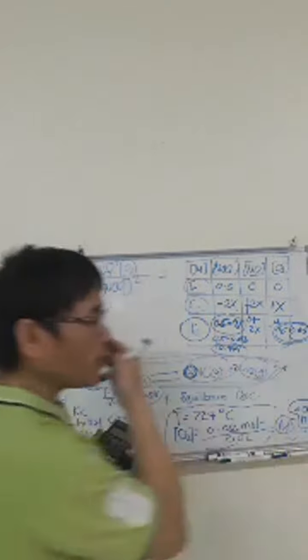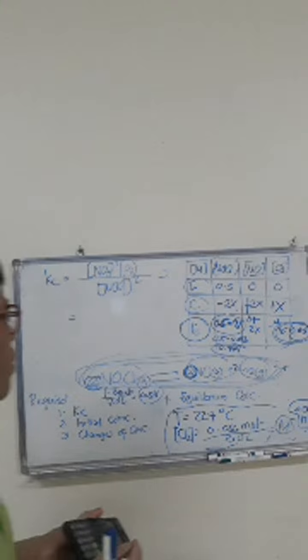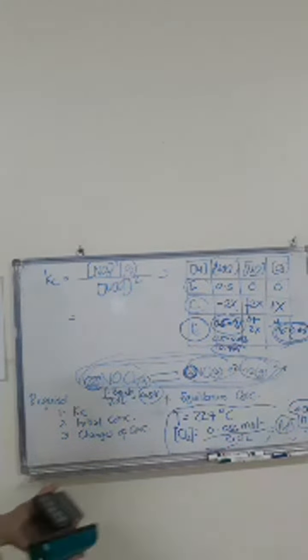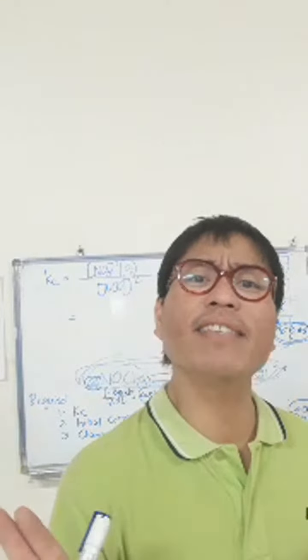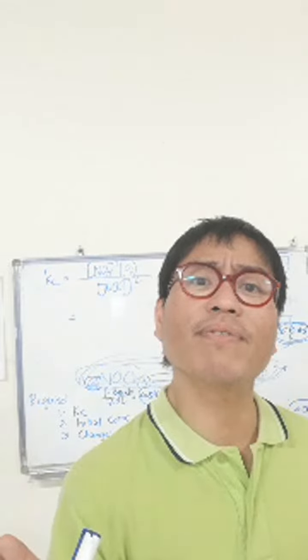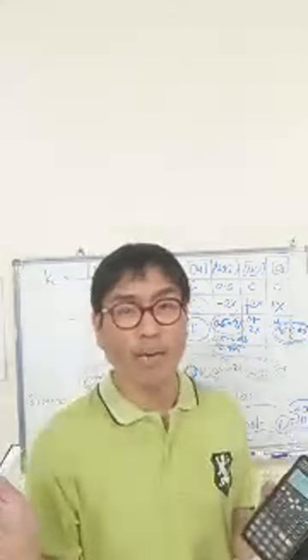Now take note, guys, if you subtract this and the result is negative, your answer will be wrong, because there's no negative Kc. It's always positive. Though the exponent can be negative or positive, there's no negative equilibrium constant.